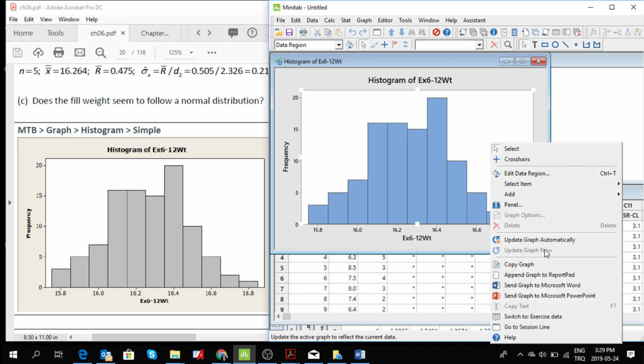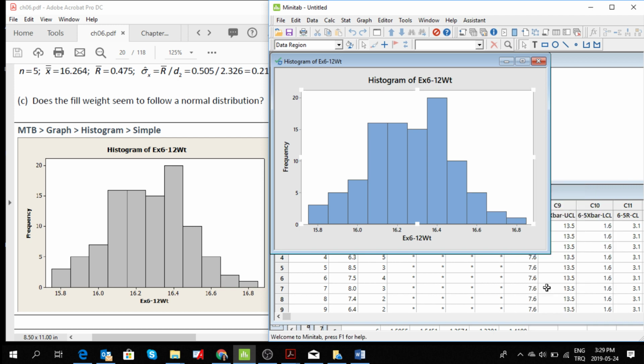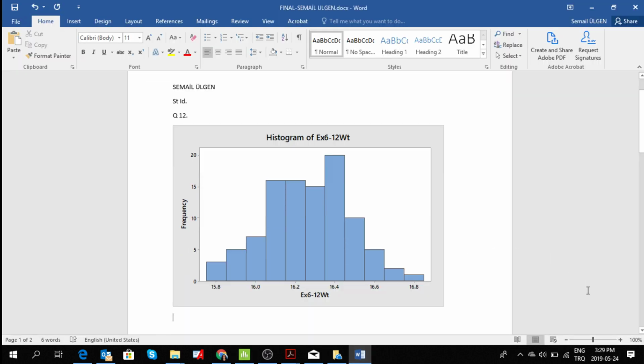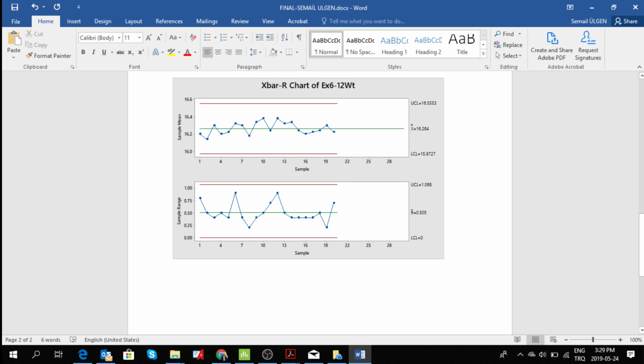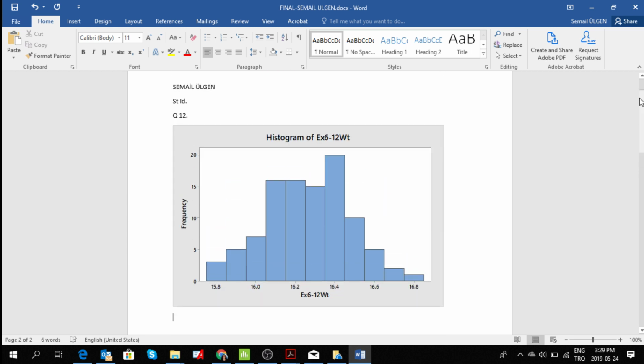And then I'm going to send it again to Microsoft Word. Let's see whether it sent it there. Okay, it sent it there. So this is part B, if you like.